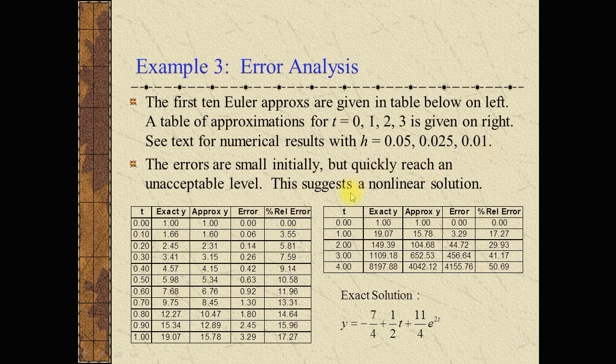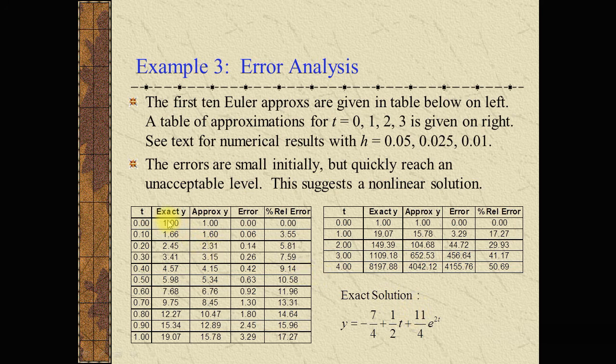Now for h is equal to 1, this is the exact solution and this is the approximate solution. If we put t is equal to 0 in the exact solution, the exponent term will be 0 and the remaining terms will be 11 by 4 minus 7 by 4. Minus 7 by 4 plus 11 by 4, we obtain 4 by 4, and 4 by 4 is equal to 1.